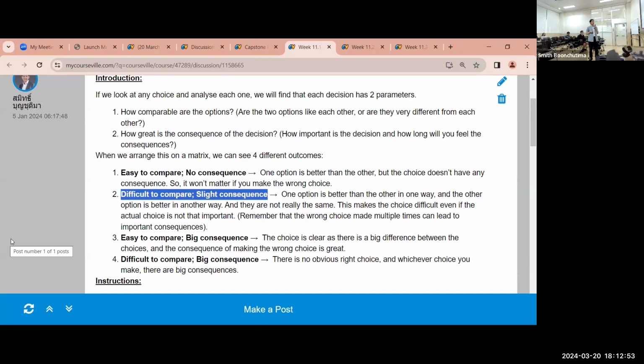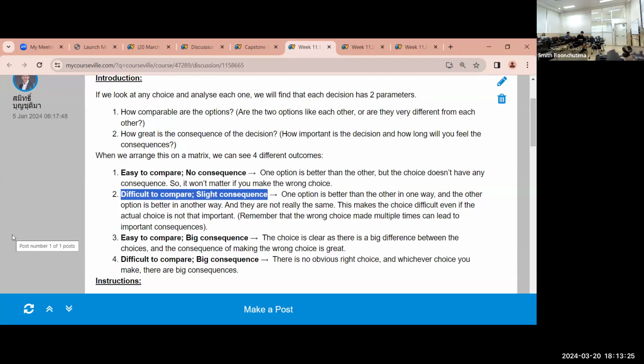This makes the choice difficult, even if the actual choice is not that important. Remember that a wrong choice made multiple times can lead to important consequences. But let's talk about this decision first. Can you think of a scenario that falls into this kind of category? Yes.